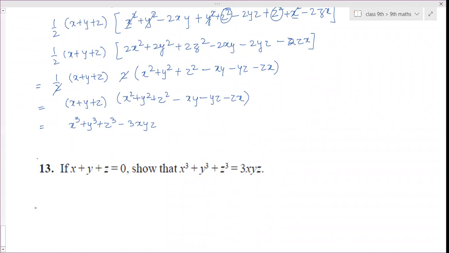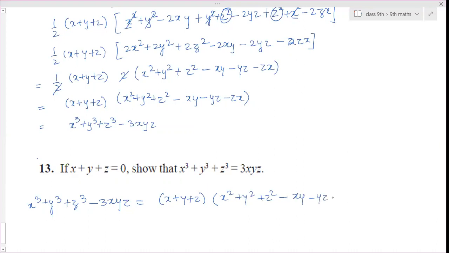Write the first identity: x cube plus y cube plus z cube minus 3xyz is equal to x plus y plus z into x square plus y square plus z square minus xy minus yz minus zx.